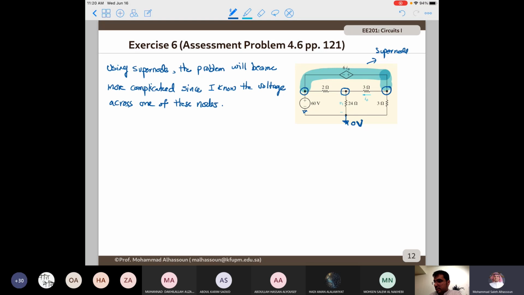So what I need to do is solve it in a smarter way by noticing that V2, which is this one, applying KVL, is going to be 60 plus 6 IV. Or I can write it this way, V2 minus 6 IV equals 60. So this is the first equation.